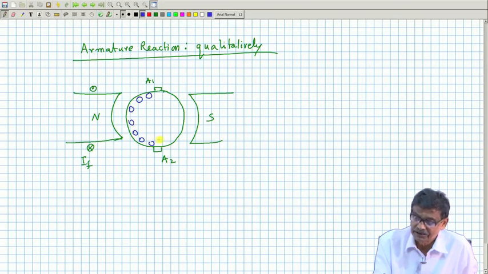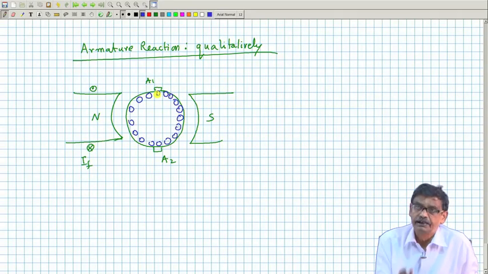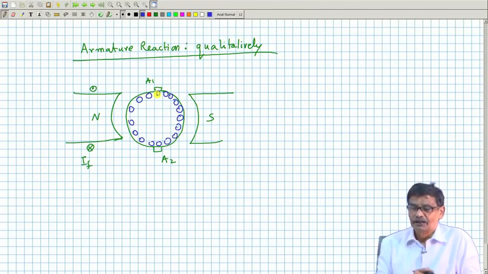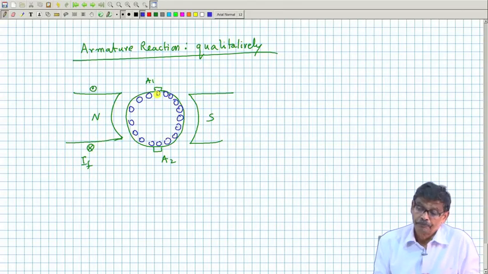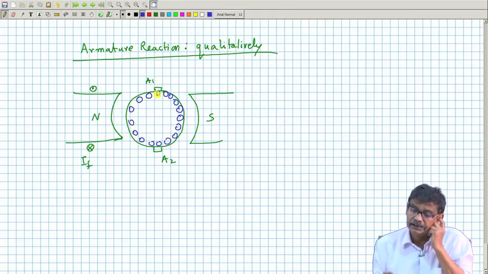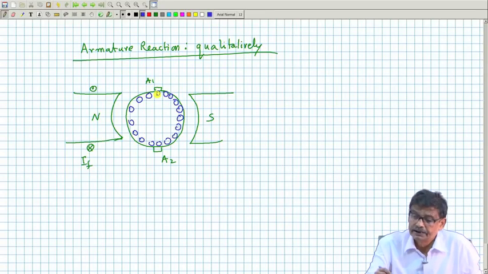And these armature conductors are what? They are pseudo stationary coils, recall that. So far as production of magnetic field by these conductors is concerned, the field will be stationary in space, although the conductors are physically moving. Okay. Now, suppose I say that the generator is moving in this direction, NRPS.